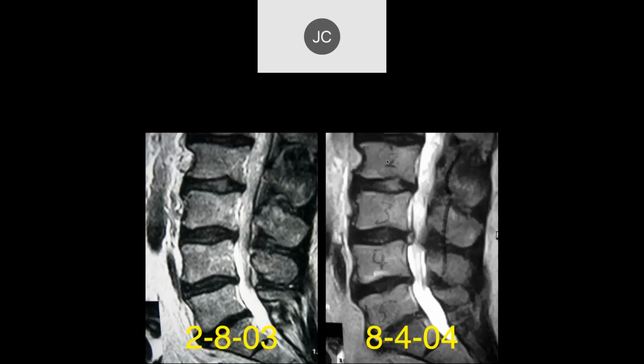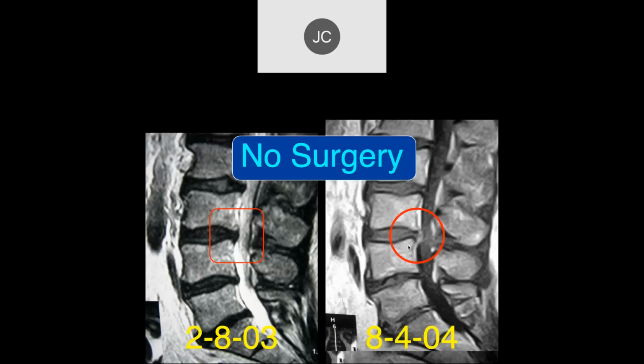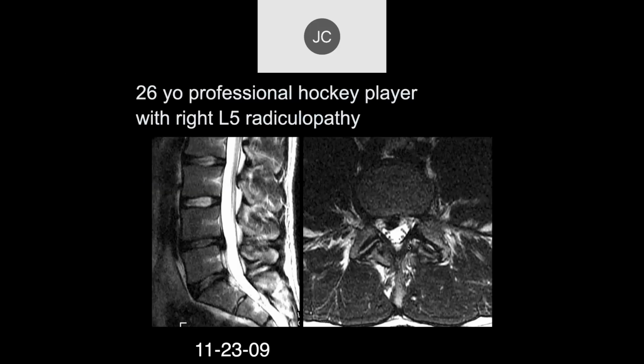In 2003, that disc didn't look too bad, but then the next year, it looks like there's a protrusion with some annular fissuring. This is actually post-contrast, showing a little enhancement of that. And this patient had not had surgery. So this is a focal protrusion with contrast enhancement.